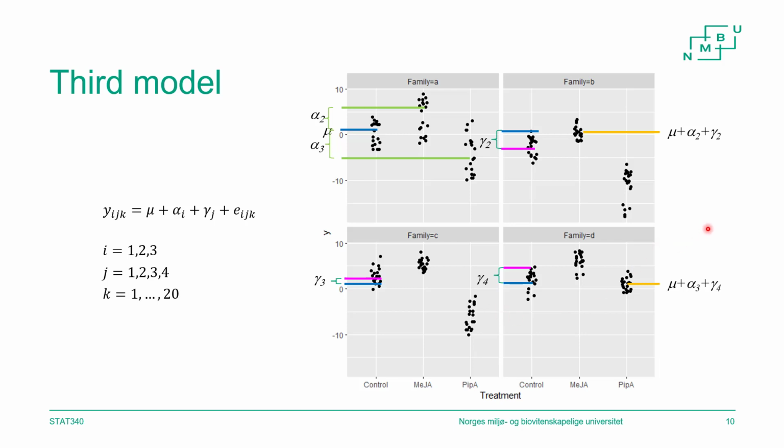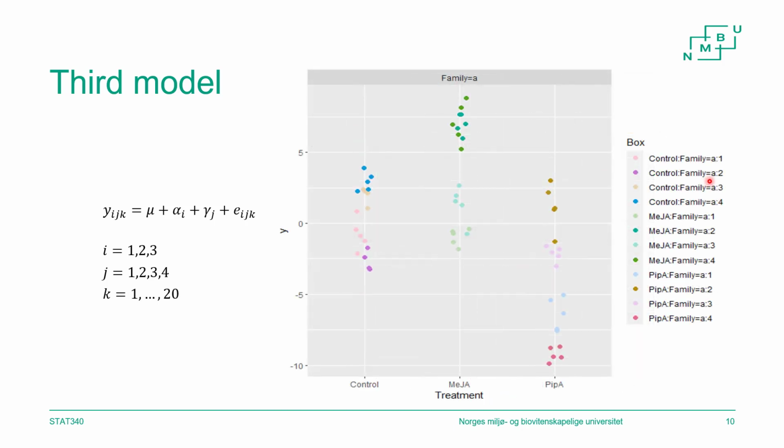What I wanted to do now is to again ask myself, is this model explaining all the systematic variation? Is it now such that all the variation within each swarm is random? And again, we can color, because we still have one column left to color with, and that's this box column.